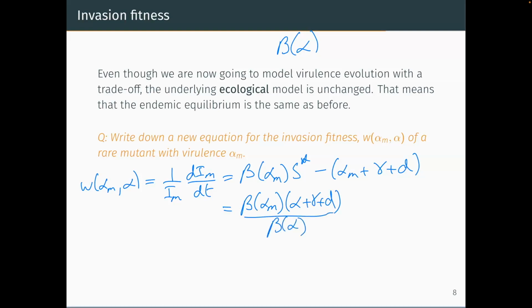The bit that I'll highlight here, this is 1 over R naught, and that's R naught based on our resident trait value alpha. So that's the first part. And then we have minus alpha_m minus gamma minus d. And that's it. That's as far as we can reduce this.